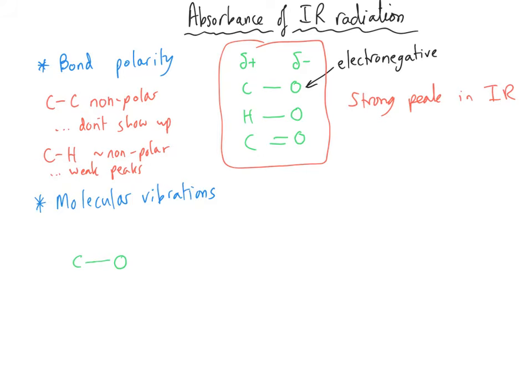What is happening all the time is that the bond might be stretching, and so the carbon and the oxygen get further apart, or they might compress and move to a shorter bond length. So this is called a stretching vibration, and this corresponds to an absorption of infrared radiation.